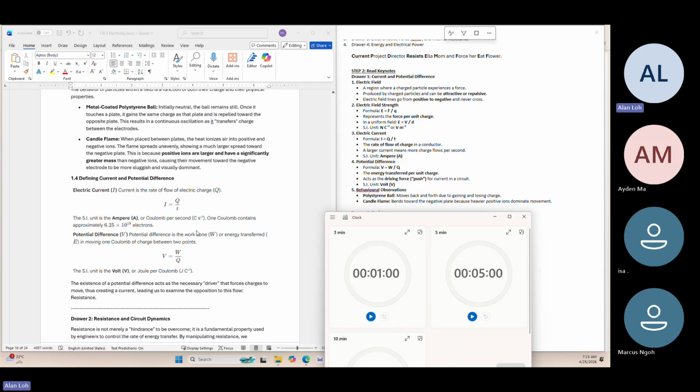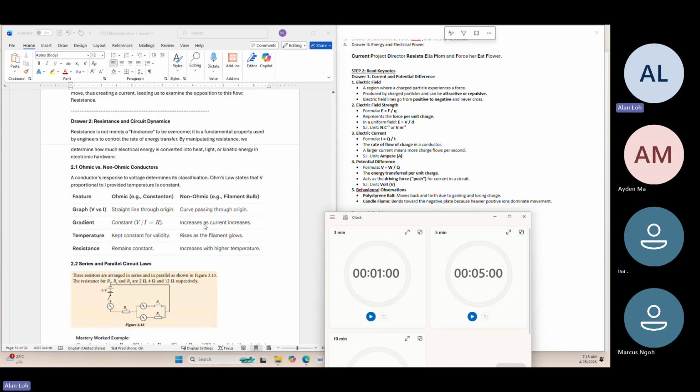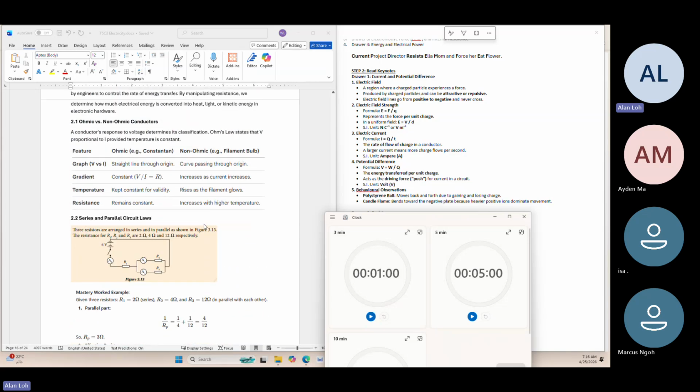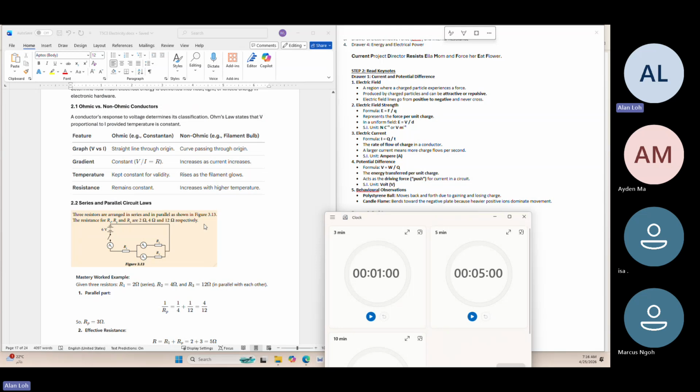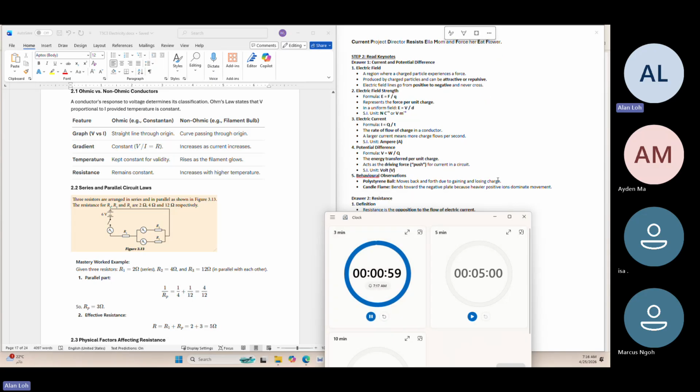So by now, your drawer number 1 level should increase from 4 to somewhere higher, maybe 5. Now let's do the same drill for drawer number 2. We'll do 2.1 and 2.2 for 1 minute. 2.1, 2.2.